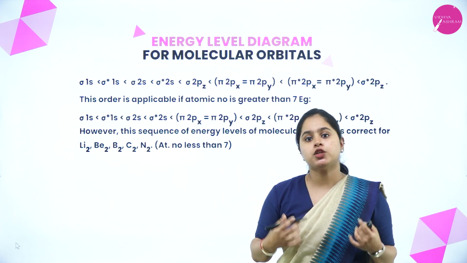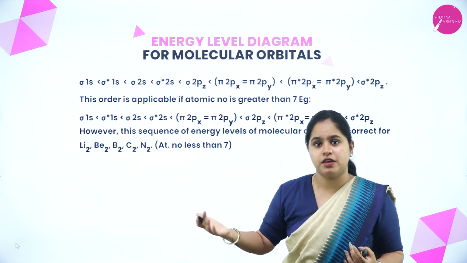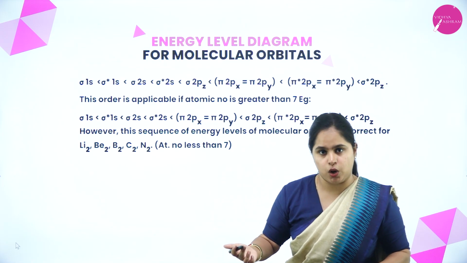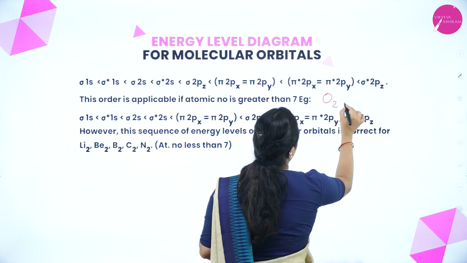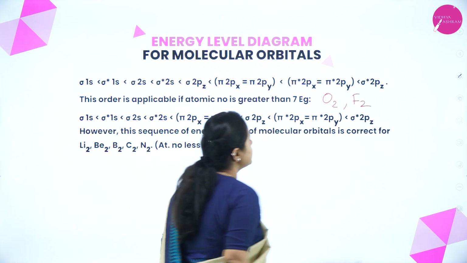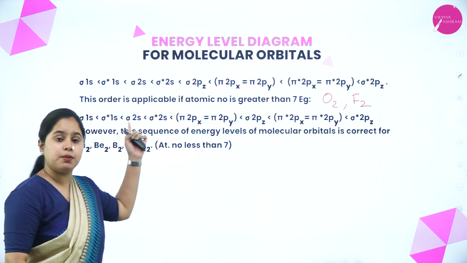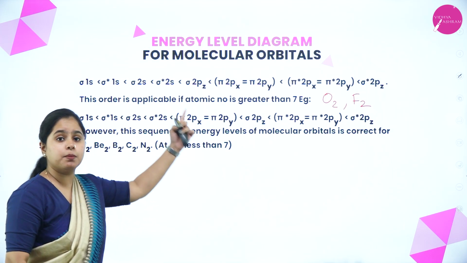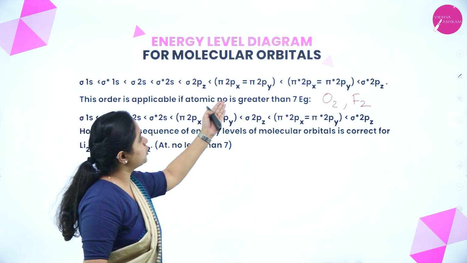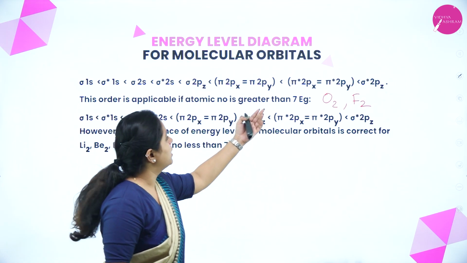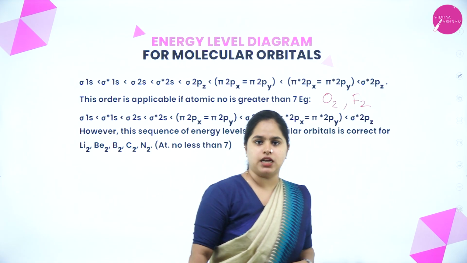Before that, we need to know the increasing order in which the electrons must be filled in the different molecular orbitals. For oxygen and fluorine molecules, this order should be maintained: sigma 1s, sigma star 1s, sigma 2s, sigma star 2s, then sigma 2pz and then pi 2px equal to pi 2py, then pi star 2px equal to pi star 2py and then sigma star 2pz.